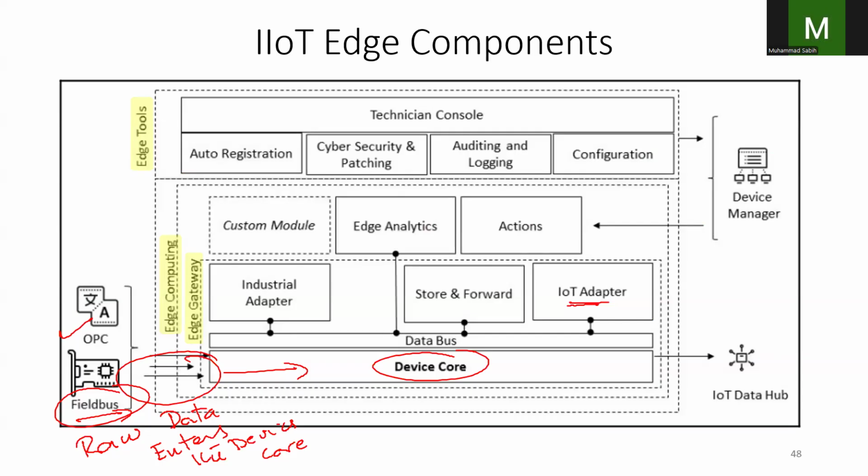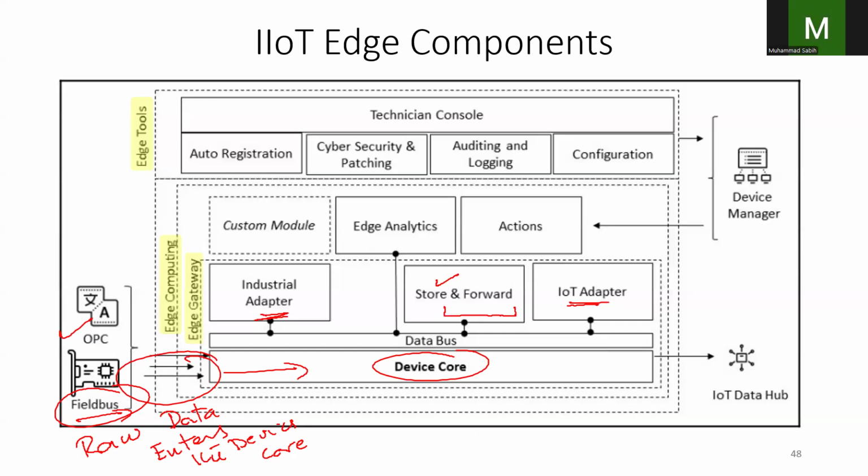The edge gateway is handling the protocol through this industrial adapter and IoT adapter, and then forwards the data towards the cloud through the IoT adapter. The store and forward mechanism ensures that the data is not lost during a network interruption. So we are saving here and buffering the data until the connectivity is restored.